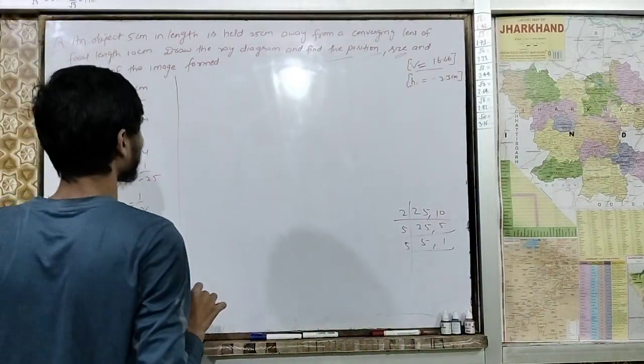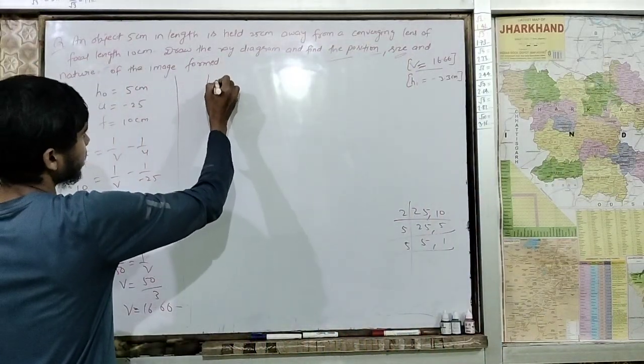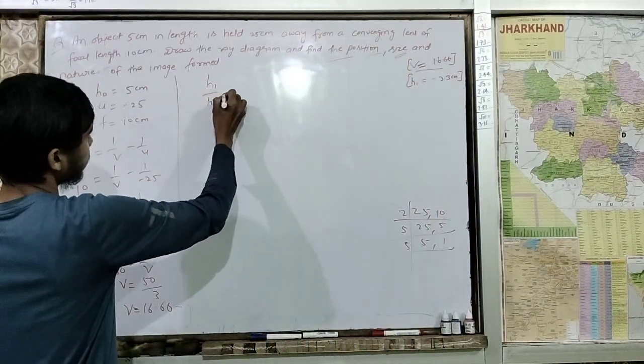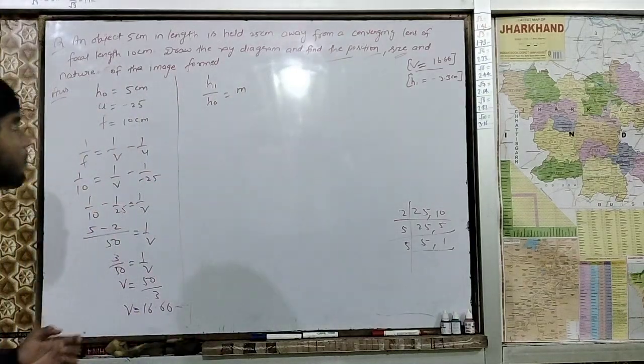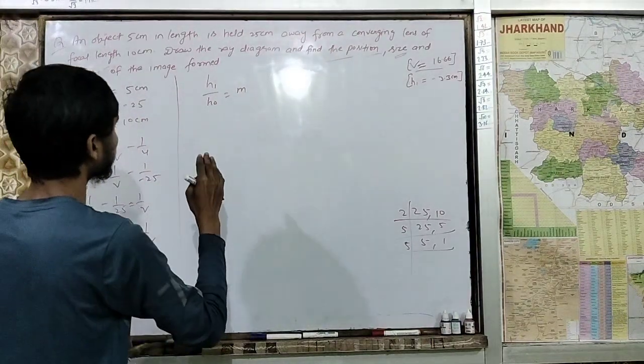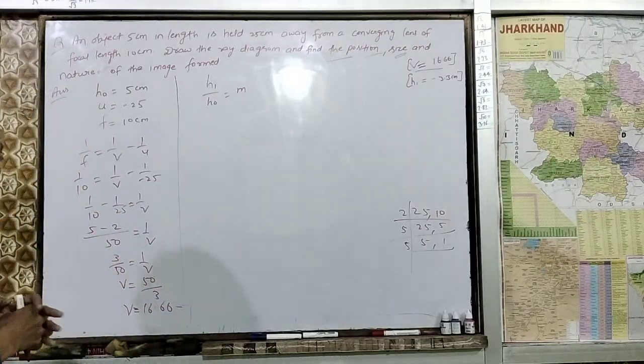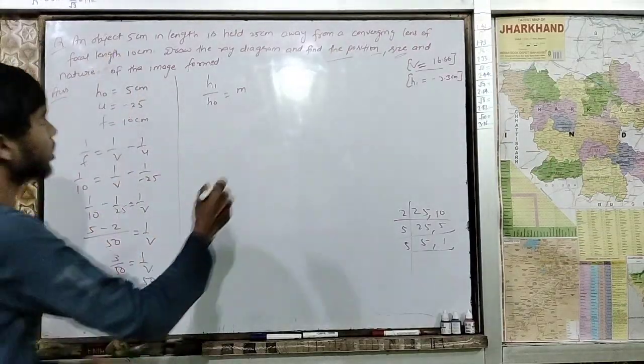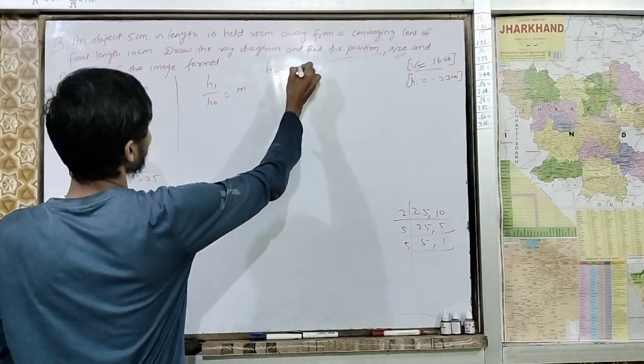According to size, you know that hi upon ho is equal to m. Here ho is given, which is 5 centimeter.